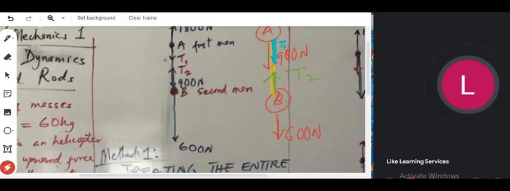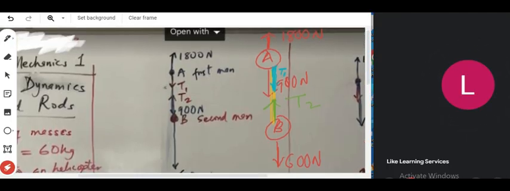All of these must be considered. The force pulling it upward, 1,800 Newton. The tensional force from A to be balanced by another tensional force from B. The weight of A itself, and of course the weight of B, to complete the free body diagram.